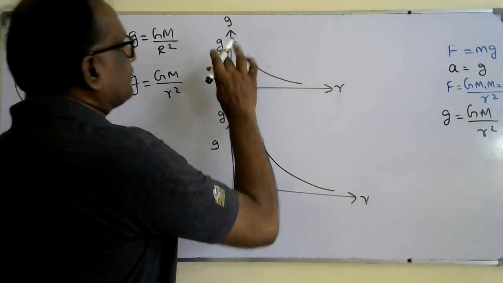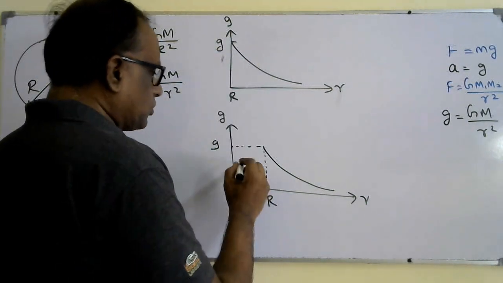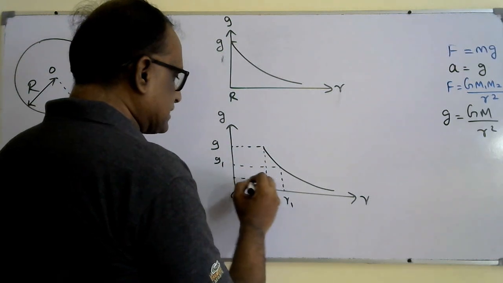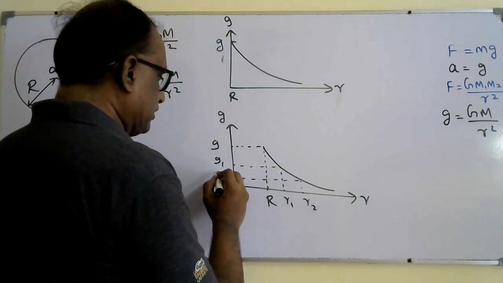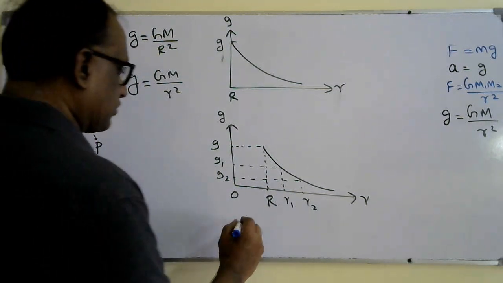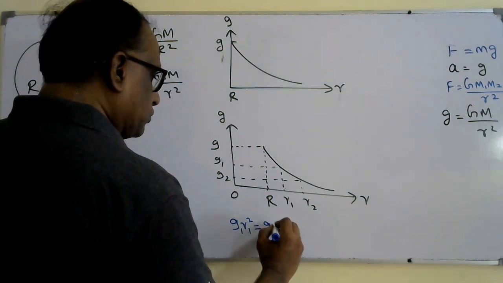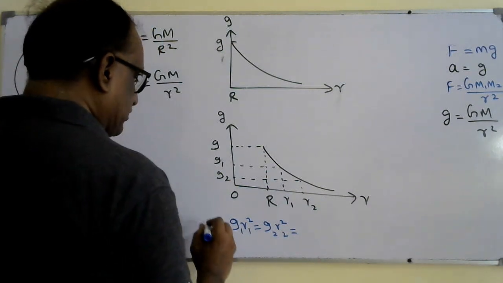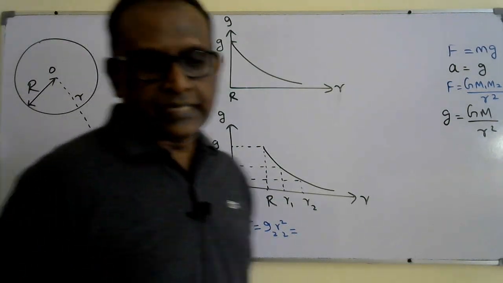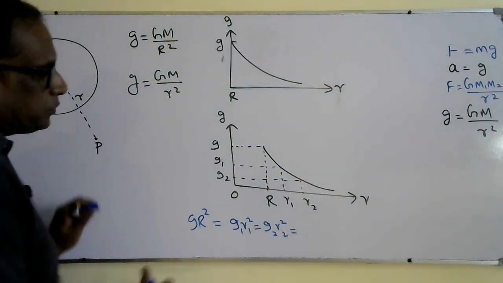So if the gravitational field strength on the surface of the planet is g, at distance r1 it is g1, and at distance r2 it is g2, then g1 r1 squared equals g2 r2 squared, which is equal to, on the surface of the planet, g R squared. Because it obeys the inverse square law, the multiplication of g into r squared should be the same constant.